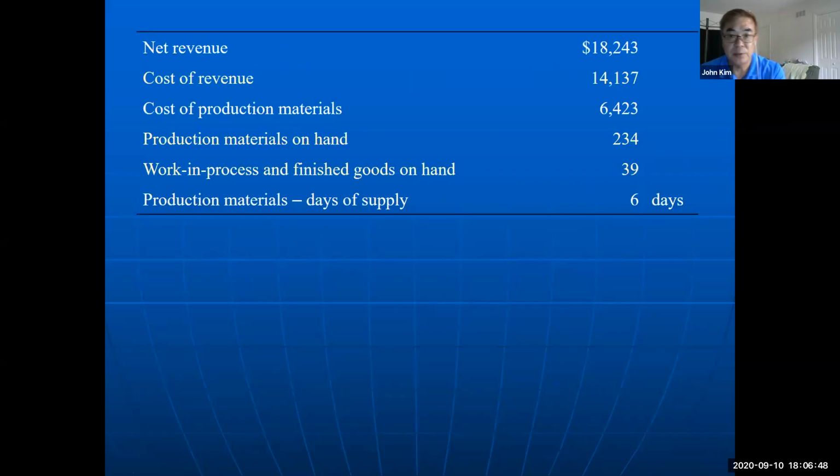With an example, this is a certain company's real statement. Net revenue 18,243, actually in millions. And then cost of net revenue 14,137, and so on.